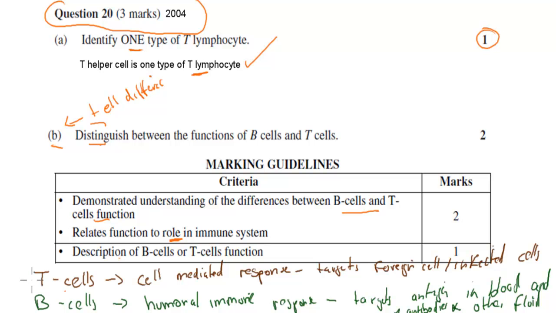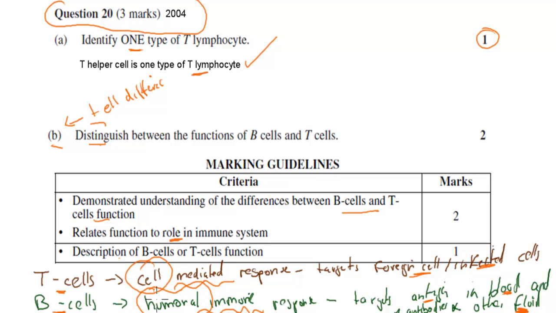The T cells, for example, are responsible for the cell-mediated immune response, whereas the B cells are responsible for the humoral immune response. Remember, cell-mediated means the T cells target foreign cells or infected cells, whereas the humoral immune response means they target antigens which are in the blood or in other parts of the fluid. Humoral here means fluid.